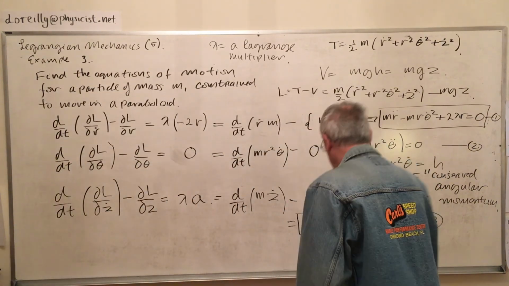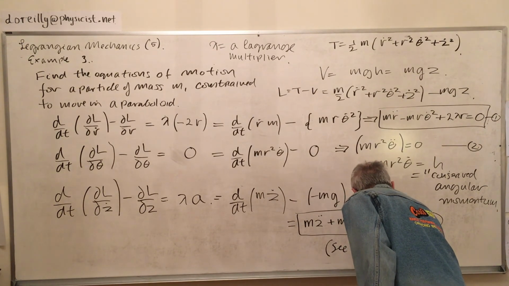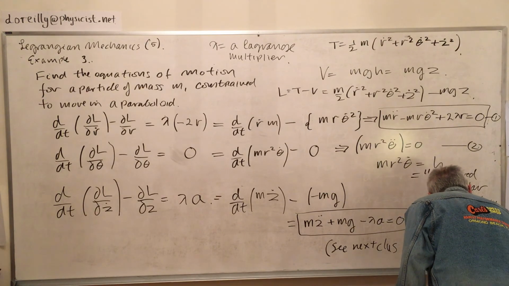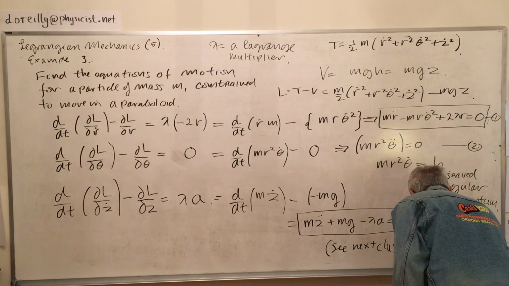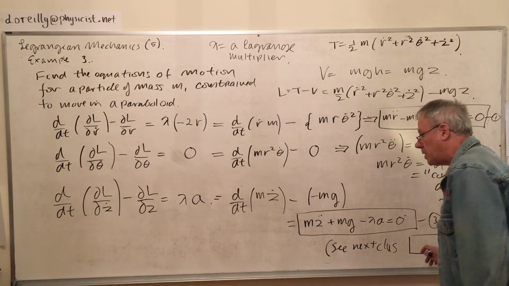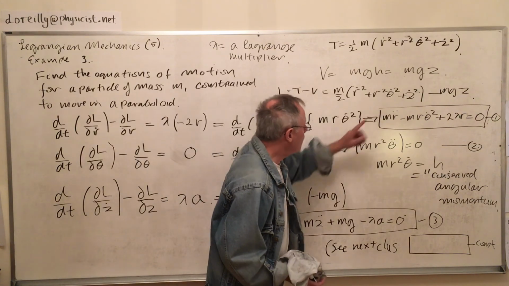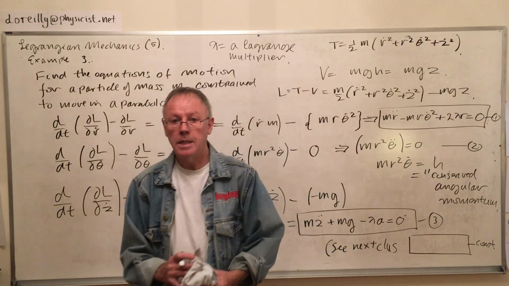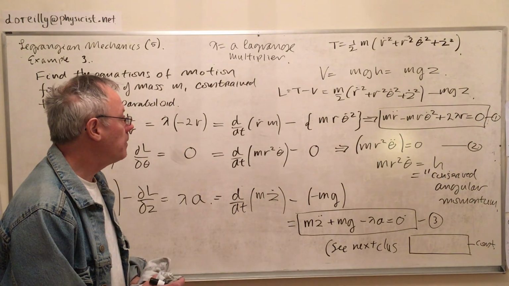So I will go see next class. Okay, there's a constraint equation, I just forget what it was, but we need then to solve 1, 2, 3, and 4 together to get the 4 unknowns, the lambdas and everything else. Okay, we'll leave it at that.